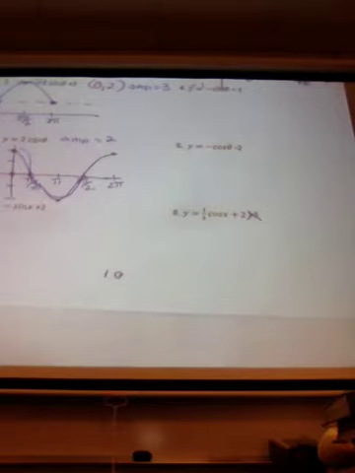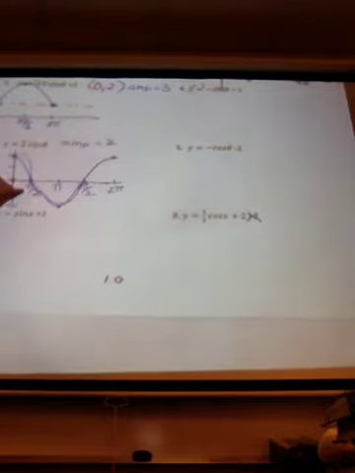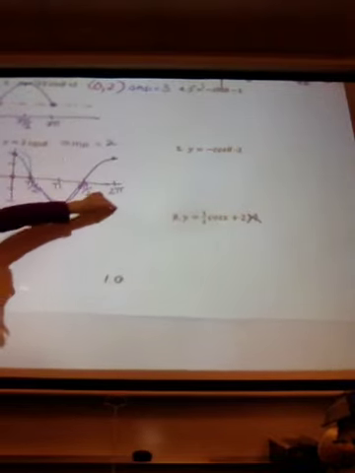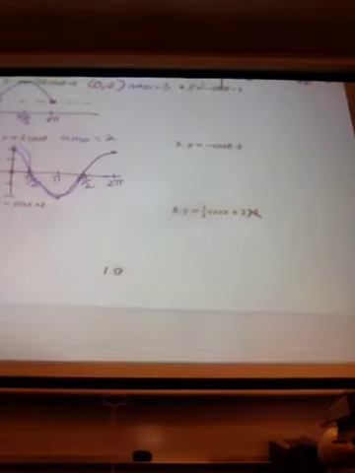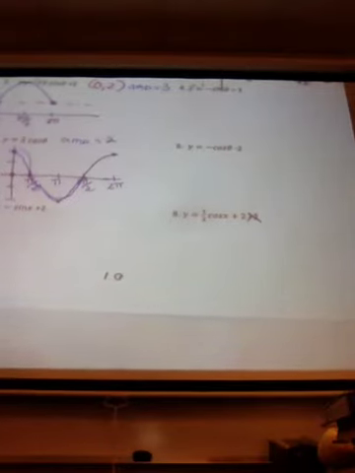On sine, if it was y equals -2 on number 5, you would have started here, and it'd look like this, because it's reflected over the x-axis.